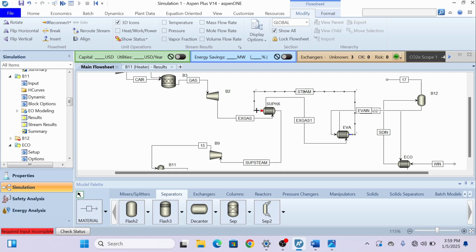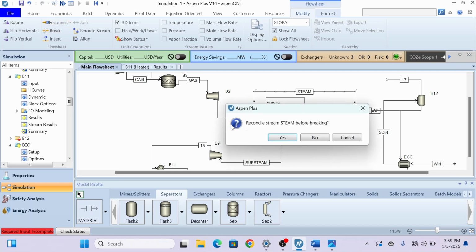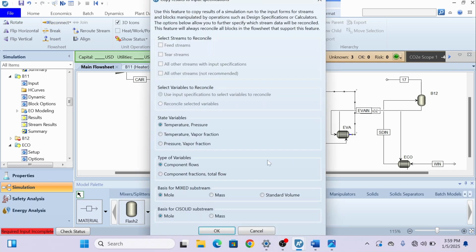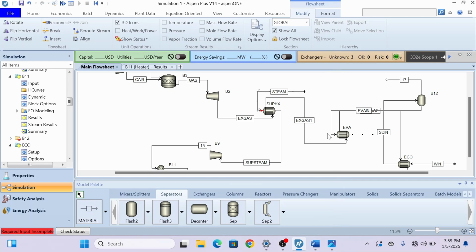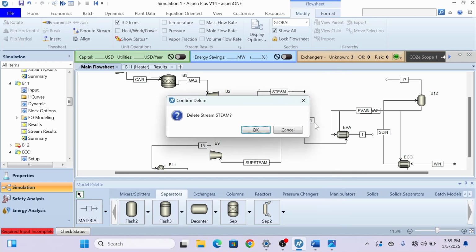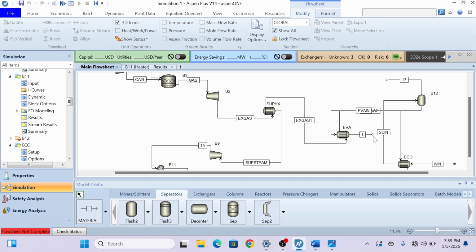So I will break this connection as well, delete it, and rename it re-evaporator. I will double click on it, and this will be my inlet.